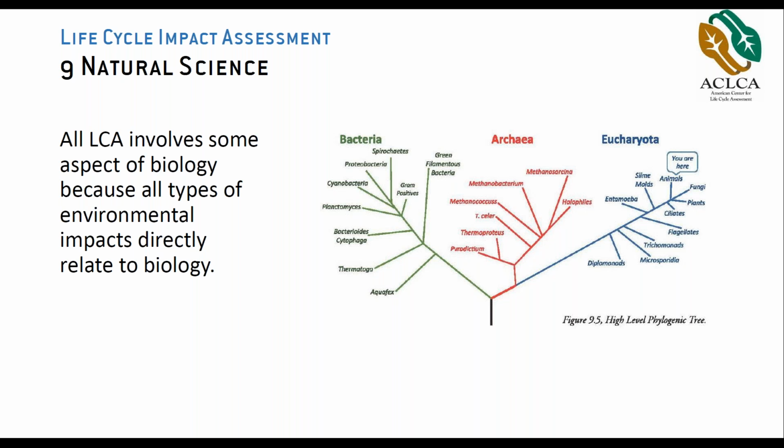If you look on this phylogenetic tree way over to the right, you can see how small human beings are. They're not even listed here in this tree of life for the world. So part of deep ecology is saying, look how small we are. There's millions of other species that have a right to be here too.